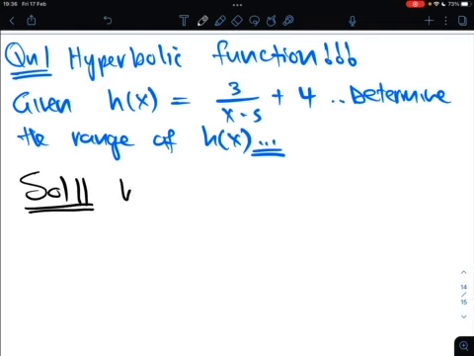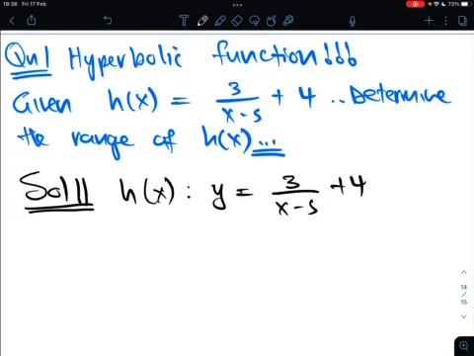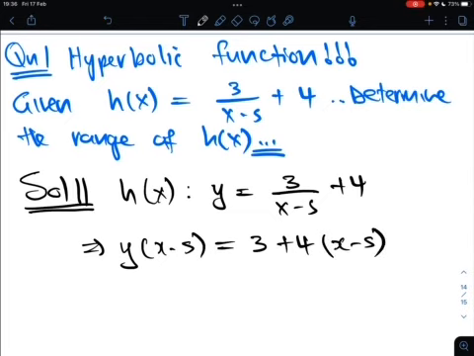To solve this again, we recall that h of x is such that y is equal to 3 over x minus 5, plus 4. Now we know the goal is to make x the subject, so we can cross multiply. So this gives us y bracket x minus 5 is equal to 3 plus 4 bracket x minus 5, where we have cross multiplied throughout by x minus 5. Then on this side I get xy minus 5y is equal to 3 plus 4x minus 20.